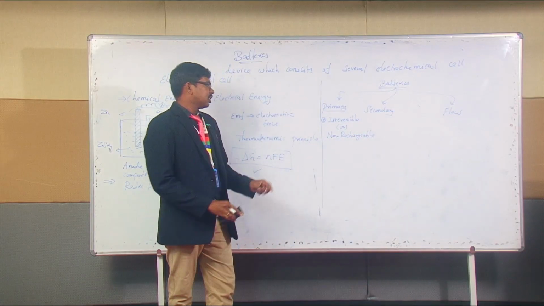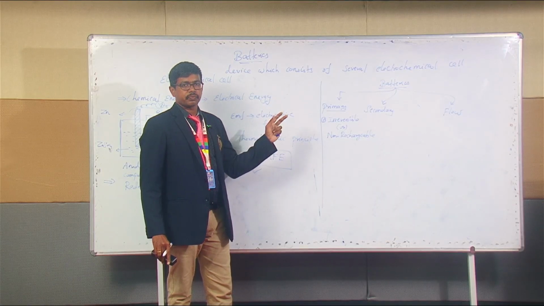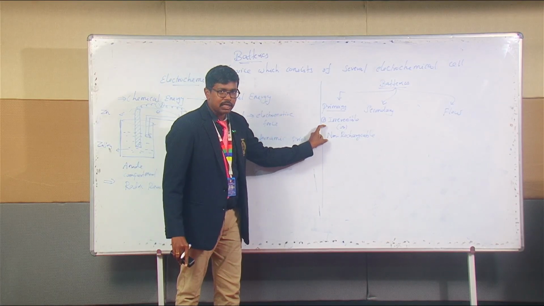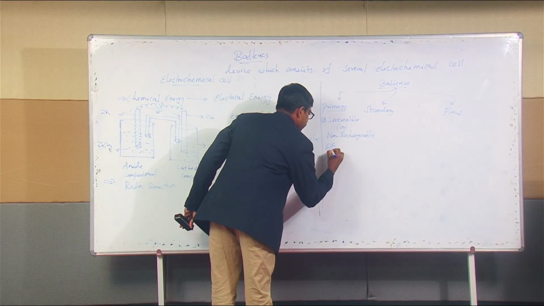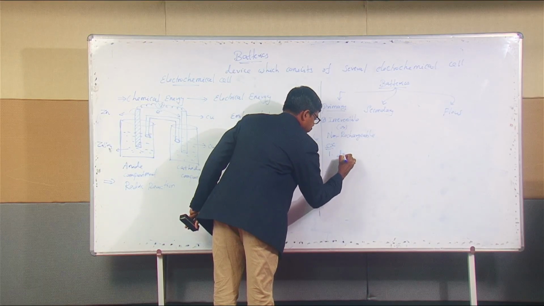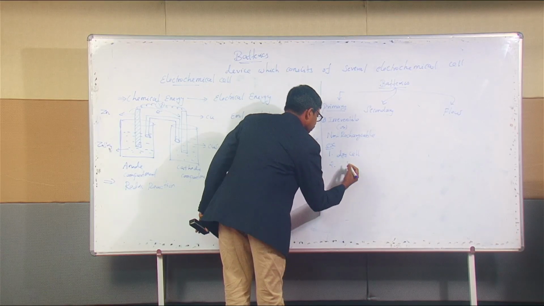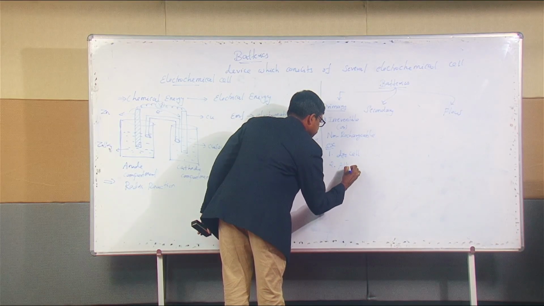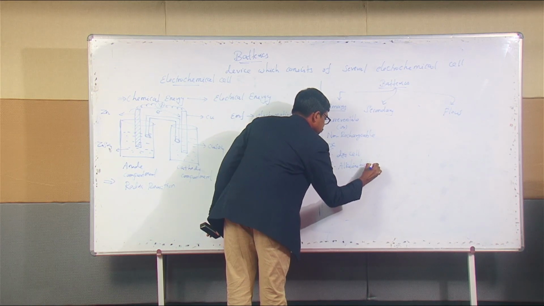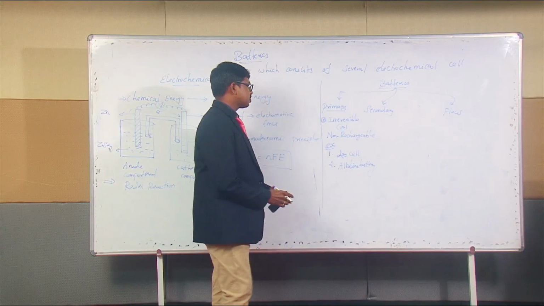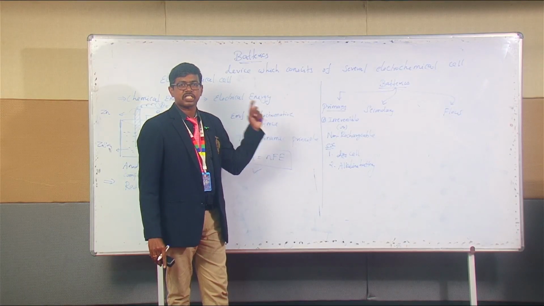It means both the anodic and cathodic cell reactions cannot be reversed. So it is called a non-rechargeable battery. I give some examples: the dry cell, and one more example, the alkaline battery. These batteries are considered non-rechargeable because the cell reaction cannot be reversed by passing an external electric current.